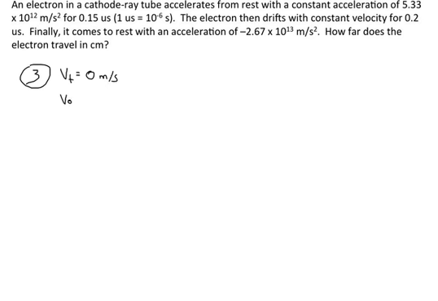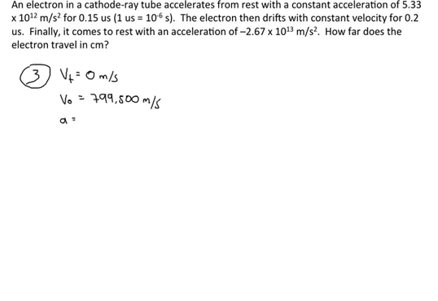The initial velocity should be the same as the final velocity for the second journey, since it was drifting at constant velocity, so it should be 799,500 meters per second.